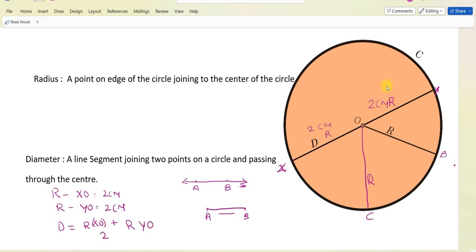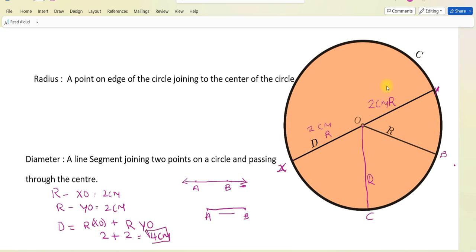So this is 2 plus 2, which equals 4 centimeters. This means the diameter will always be double the radius. Either you can add, or you can just multiply the radius by 2. So if you have a radius of 3, you just multiply it by 2, that is 3 into 2, which is 6. That is how you can find a diameter.